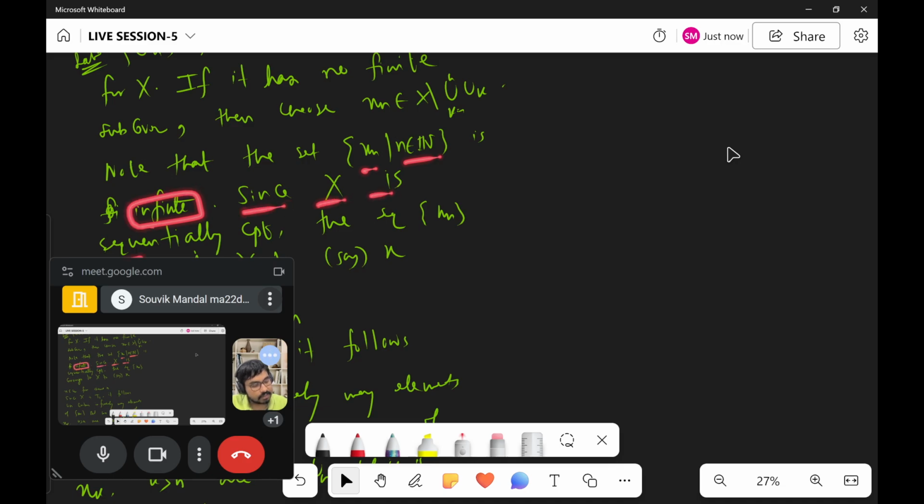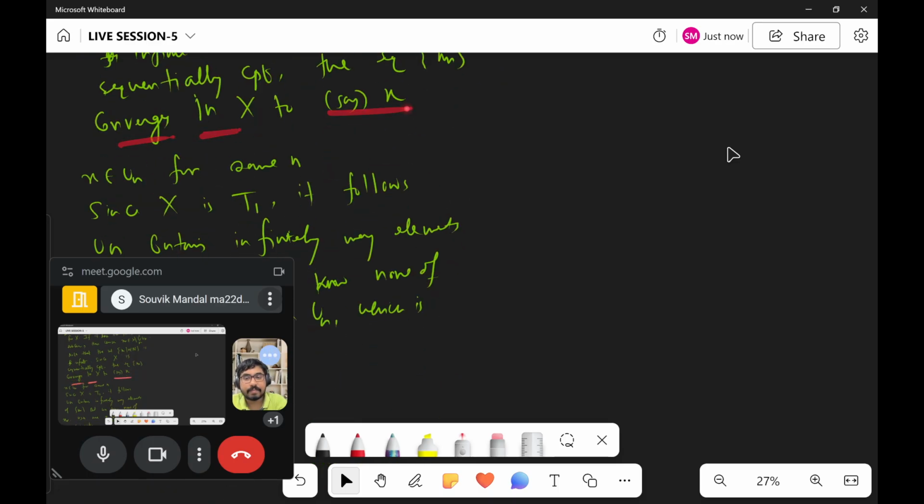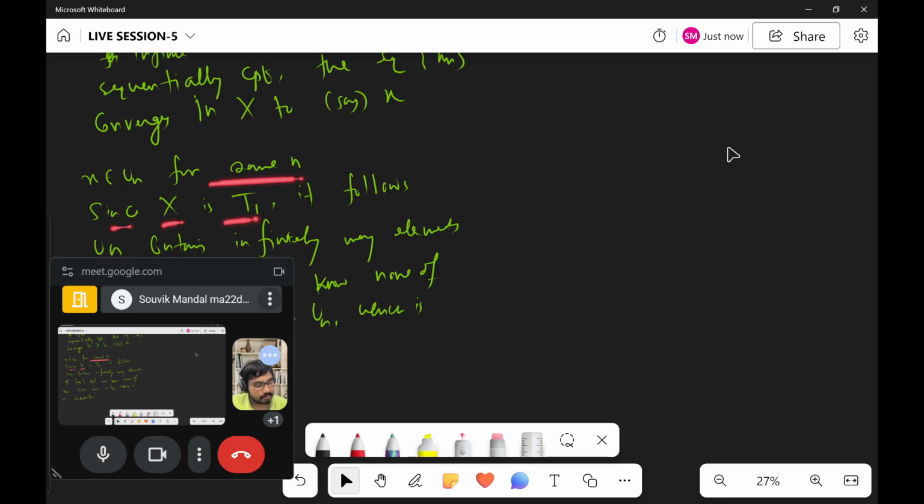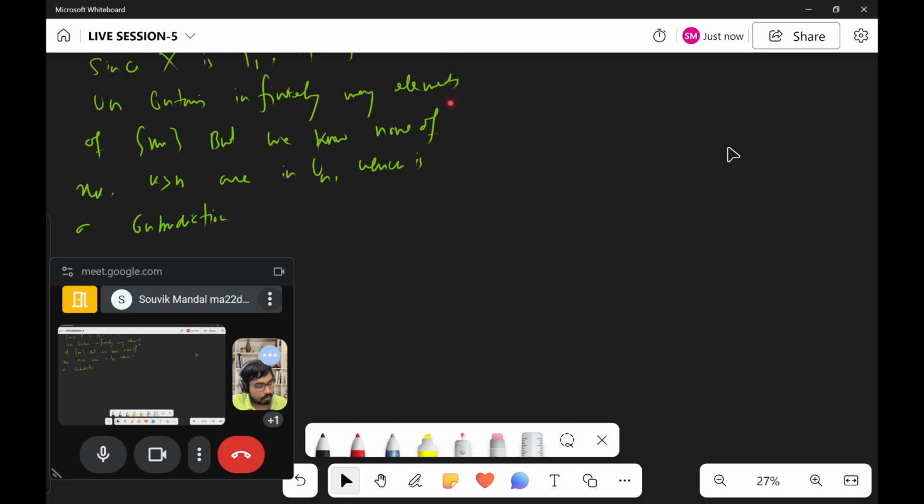Since X is sequentially compact, the sequence xn converges in X, say to x, and x belongs to Un for some n. Since X is T1, it follows Un contains infinitely many elements of xn. But we know that none of the elements xk, k greater than n, are in Un, which is a contradiction, okay. So that is the argument, okay.